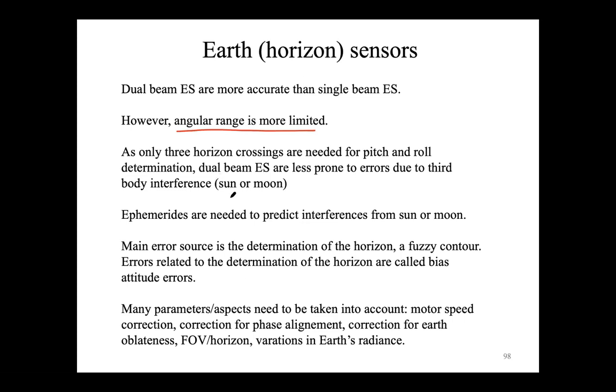The other important thing is that these horizon sensors have many important characteristics that we have to take into account tomorrow. So tomorrow we're going to conclude this part and the sun sensors, and we are going to introduce the control theory. So I will pause the recording.